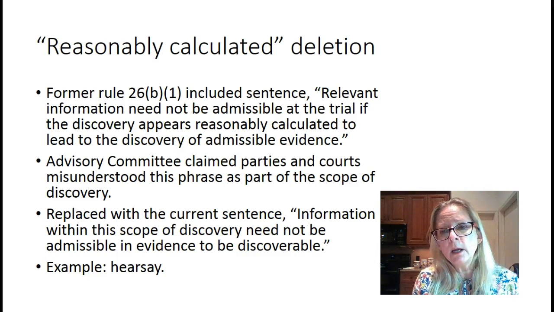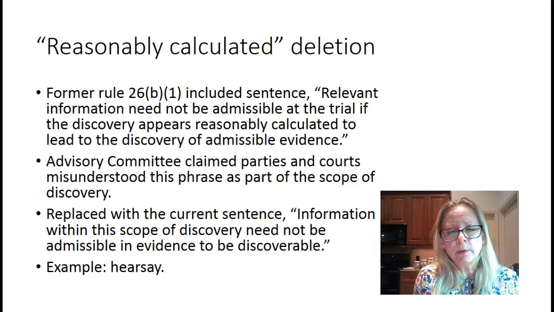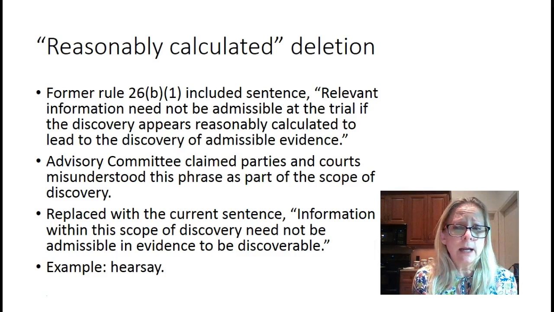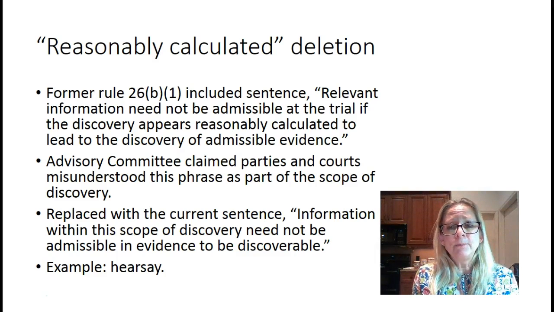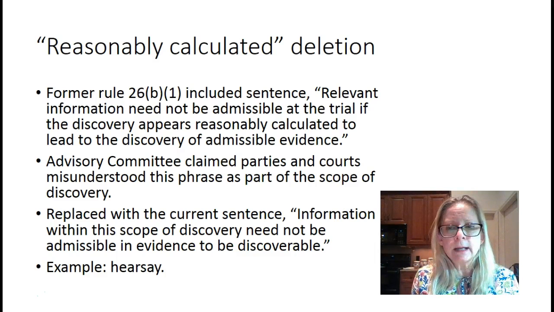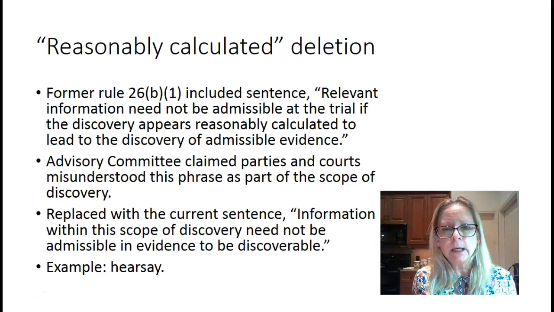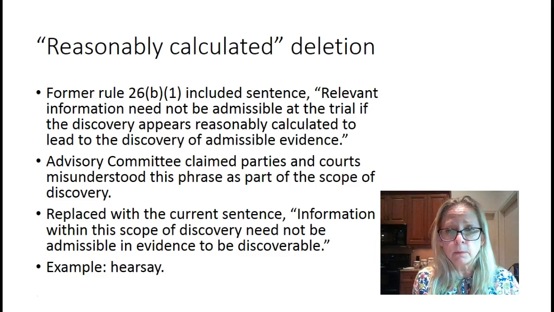So the advisory committee said that parties and courts misunderstood this phrase as being part of the scope of discovery. A comment I did not understand because it was included in a part of the rules that was titled scope of discovery. But whatever. So they replaced that old sentence with one of the key ideas there, which is information within this scope of discovery need not be admissible in evidence to be discoverable.